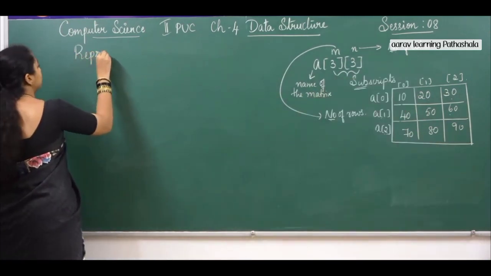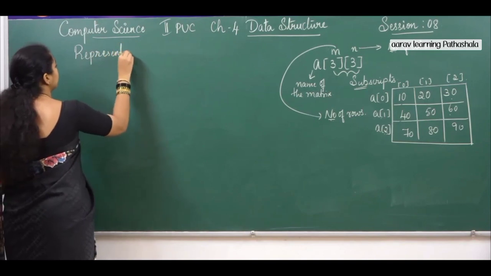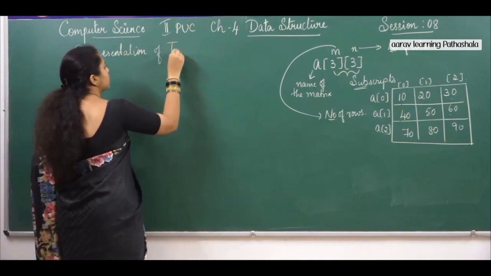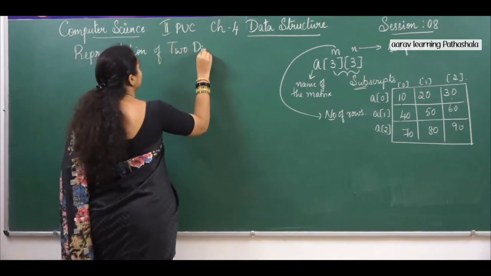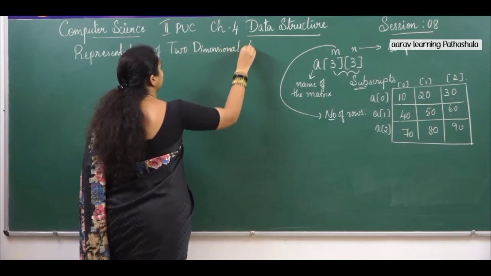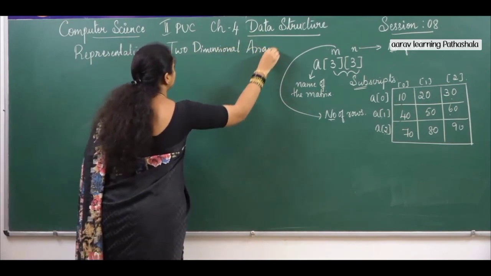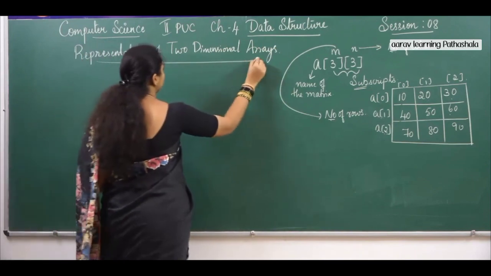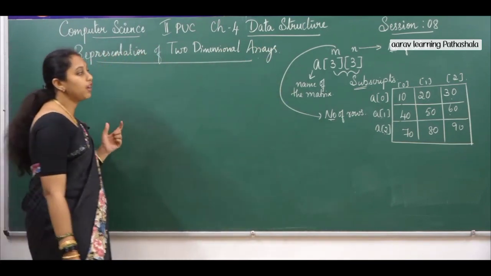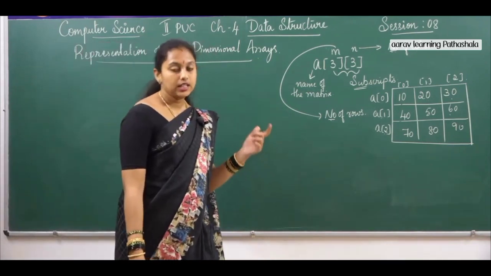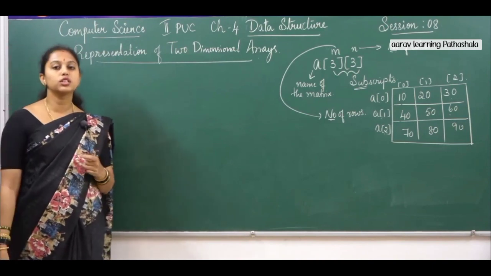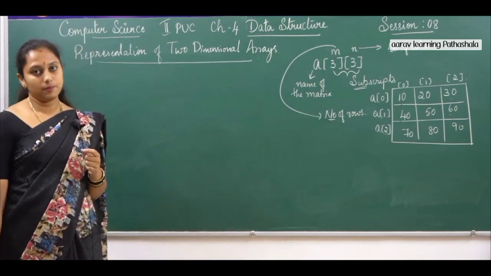Representation of two-dimensional array. Suppose A is a matrix of m cross n, then we require m cross n memory locations to store the array elements.